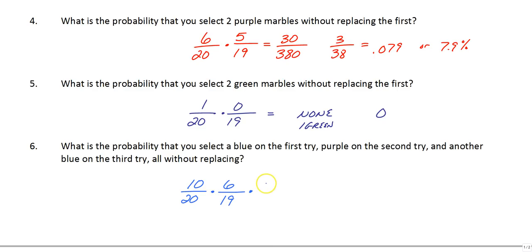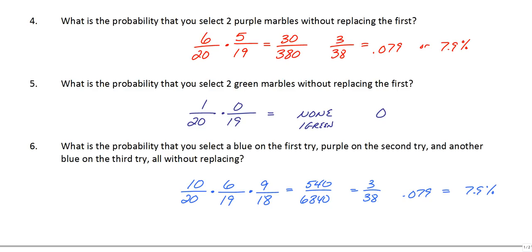Well, remember, we already took 1 blue out, so there's only 9 blue left out of only 18 because we already stashed 2 marbles aside. And you'd multiply those and you'd get 540 out of 6,840, which would be 3 out of 38. So 0.079 or 7.9%. Okay, so that's it.